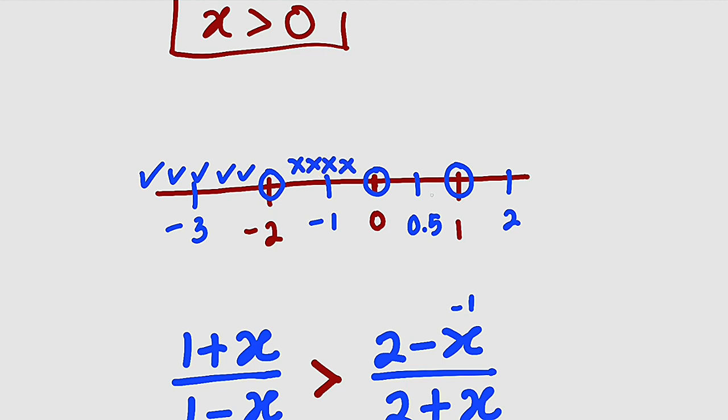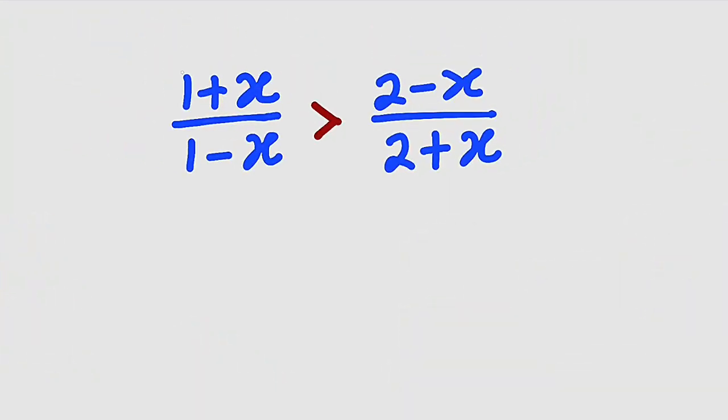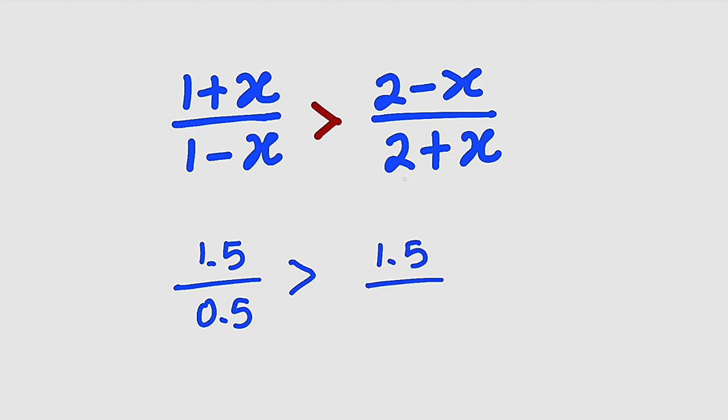Let us check 0.5. If x is 0.5, we have 1 plus 0.5, which is 1.5, divided by 1 minus 0.5 is 0.5, right? Is it greater than, if you subtract 0.5 from 2, you have 1.5, divided by 2 plus 0.5 is 2.5. 1.5 divided by 0.5 is equal to 3.